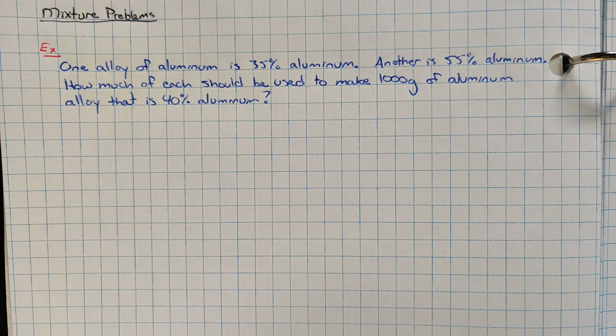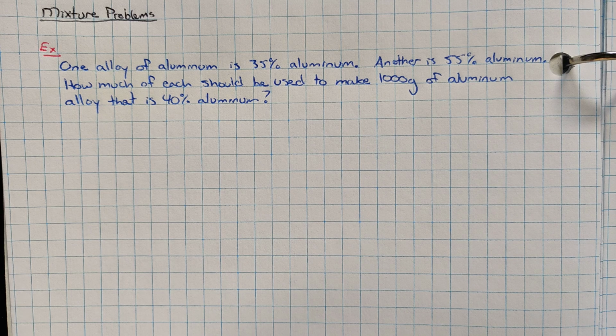These types of questions might be mixing high quality coffee with a lower quality coffee to make a coffee blend, and then figuring out the price of them. So instead of percentages, you could have prices, and figuring out the weight in grams of each of those.